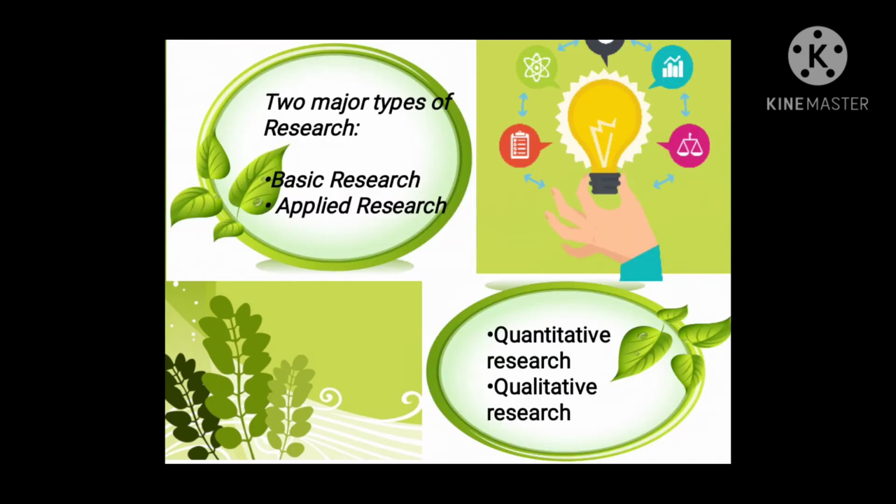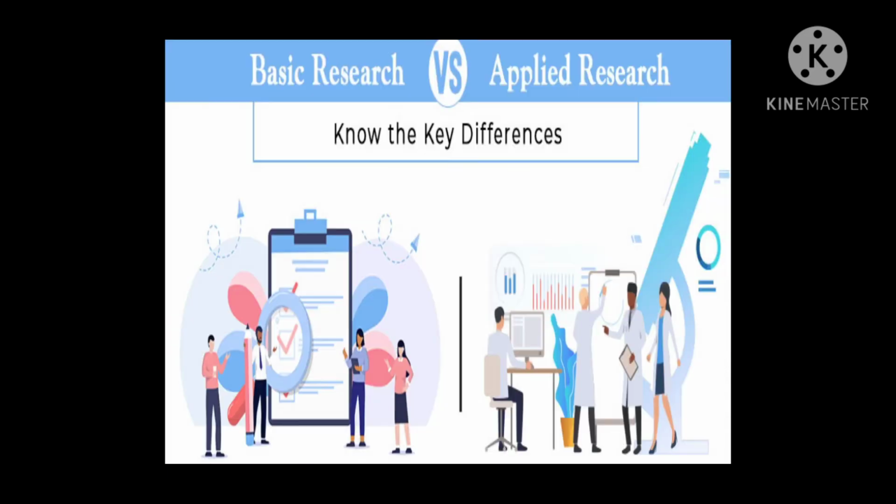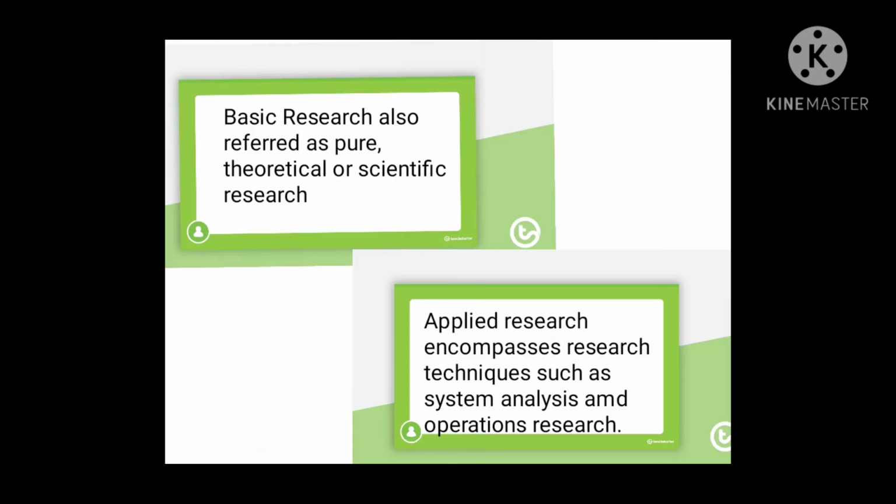And next, we have the two major types of research, known as basic research and applied research. Research also can be dichotomized as quantitative and qualitative research. Later on, we will dig deeper into these major types of research. Let's know about their differences. First, basic research, also referred to as pure theoretical or scientific research.